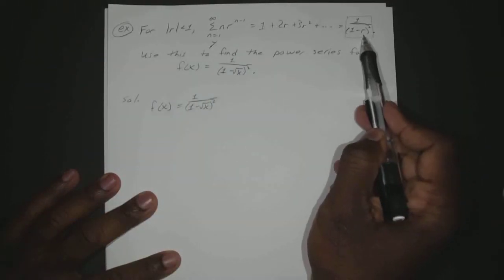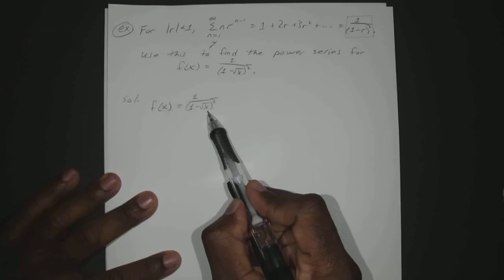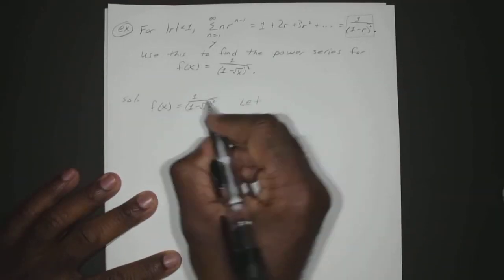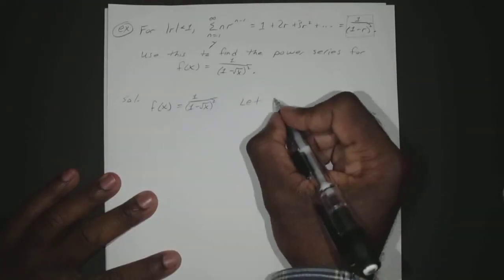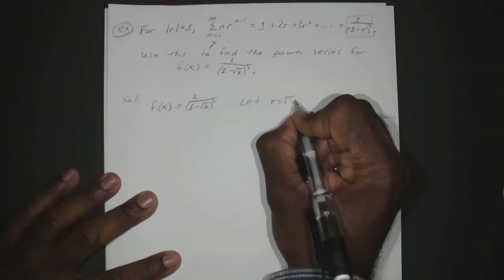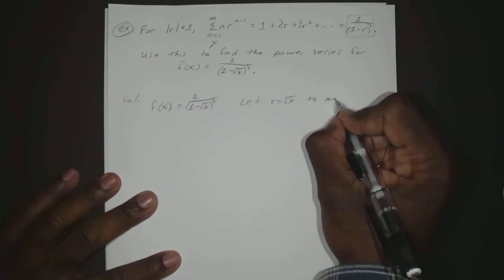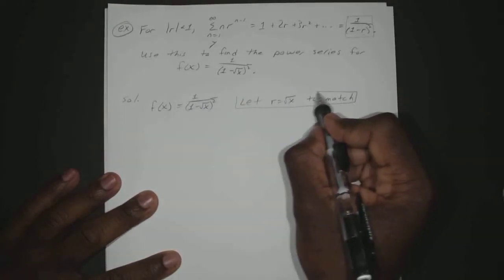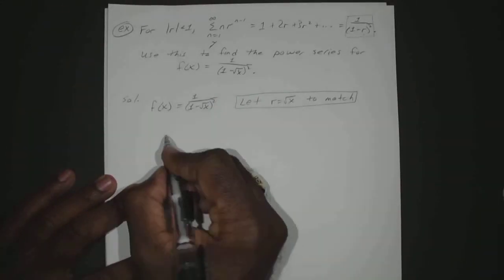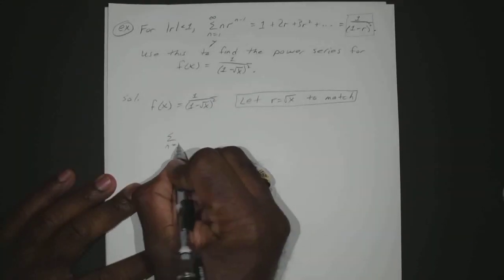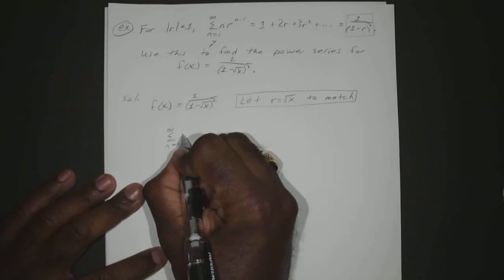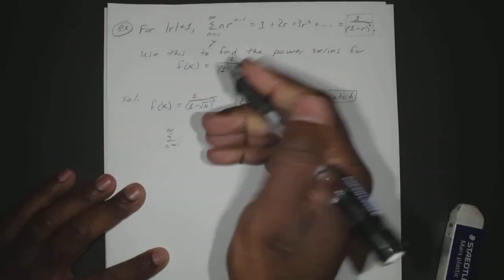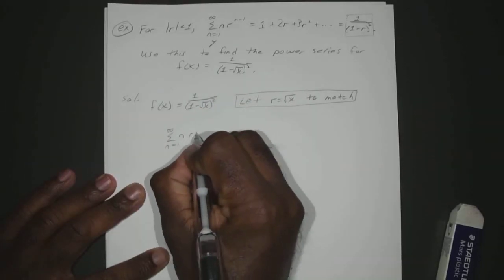The only difference between the two is the fact that we just made r equals square root of x. A is already equal to 1, that matches. r equals square root of x. Okay, so that means your sum from n equals 1 to infinity of a times n times r to the n minus 1.